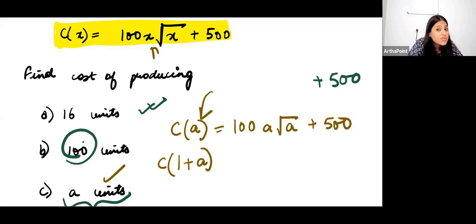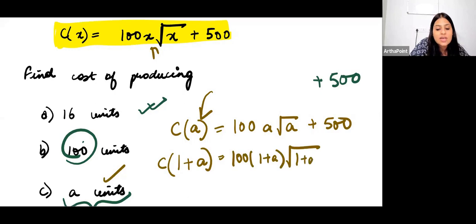So what is the cost for 1 plus A? We just mentioned, you don't just add 1 to it. This is wrong. You have to replace A with 1 plus A. So 100, 1 plus A, root 1 plus A plus 500. This is the cost of producing 1 plus A units.